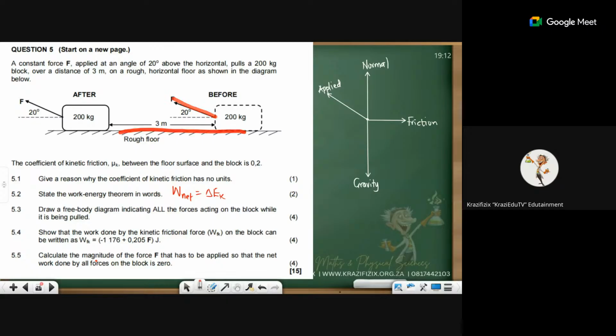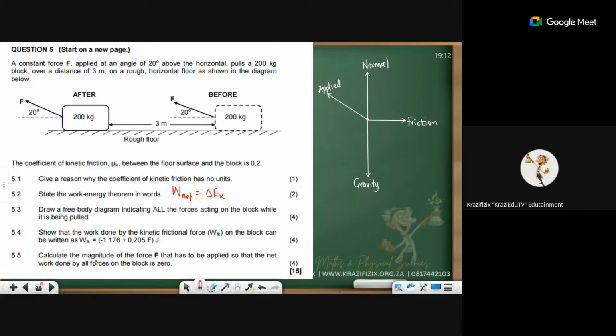The force of friction remains the same. That's why they told you, because if I want to calculate friction, it's mu_k N, which is mu_k mg cos theta. So it's not changing. The only time friction will reduce is if we are told that the object is now lifted, which reduces the contact.